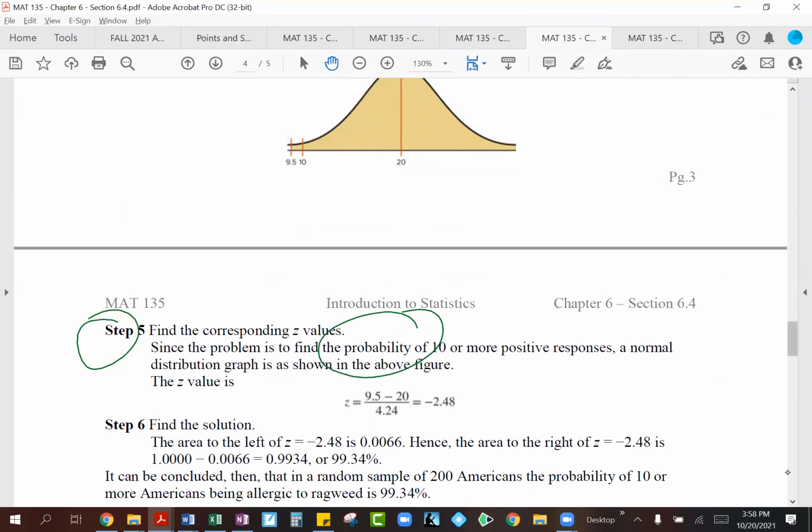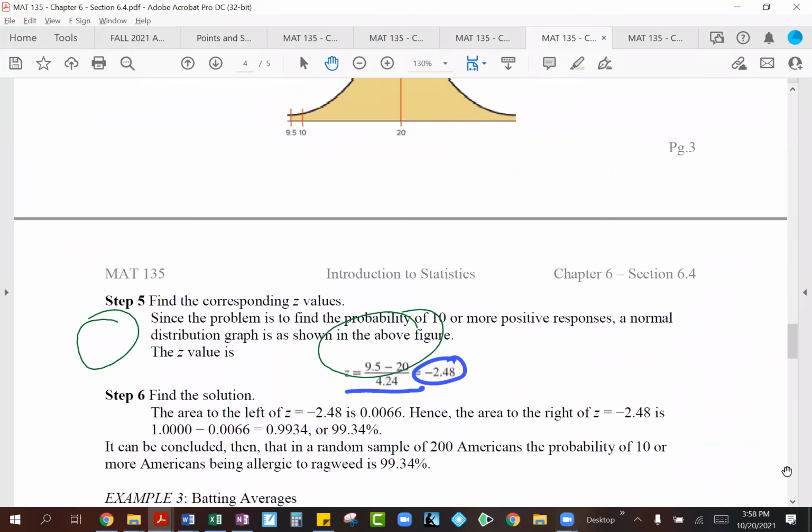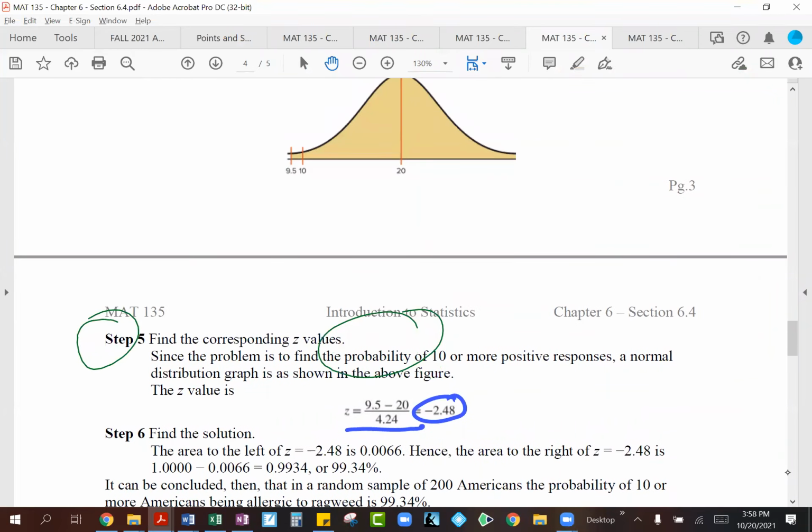So, same thing, take your 9.5, find its z-score, based on the mean and standard deviation you come up with, negative 2.48. And remember, since this is more than, this is the area we're interested in, but the table will actually give you that little tail on the left-hand side.